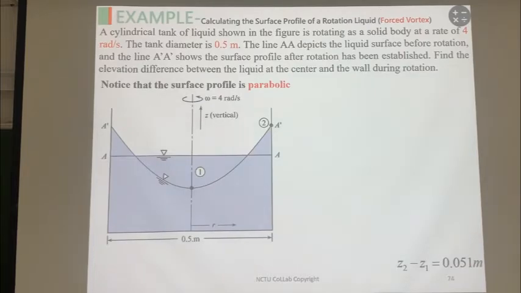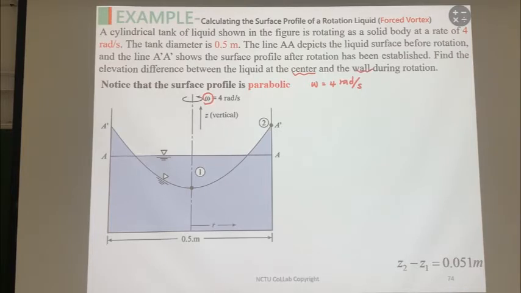Okay, so how to apply these equations? Currently we know we apply the rotational speed omega equal to 4 radians per second. After you apply the angular speed omega, please find the elevation difference between the liquid at the center and the wall.